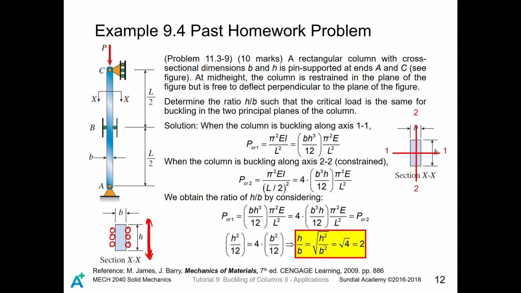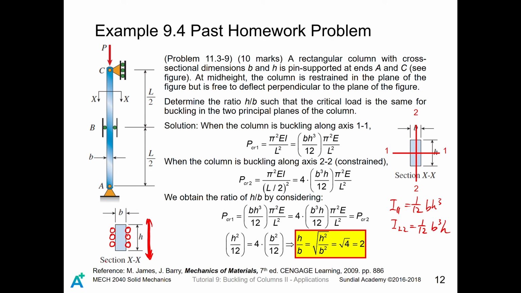Instead, it can only buckle along axis 1, 1. So now we are going to compute the moment of inertia along axis 1, 1 and 2, 2. So I11 equals 1/12 of BH cubed, while I22 equals 1/12 of B cubed H.